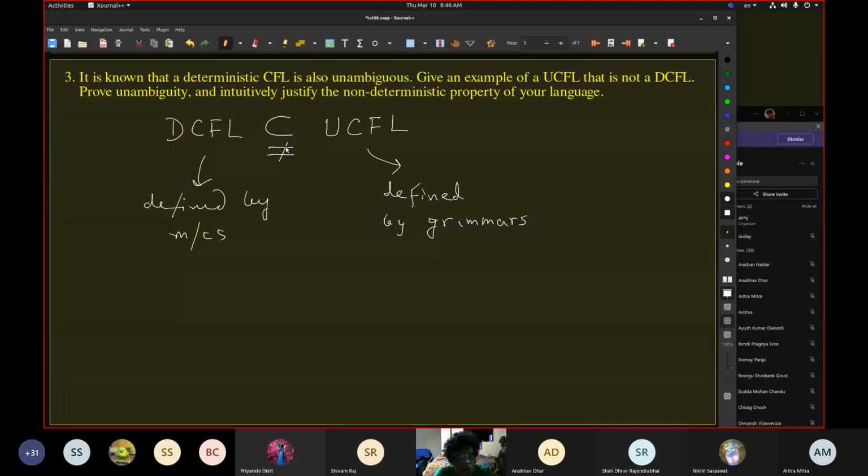I'm just telling you to find a language which is unambiguous context-free but not deterministic context-free. But of course, in order to prove that some language is not deterministic context-free, you need some sophisticated tools like some pumping lemma for DCFL, or just an intuitive justification.